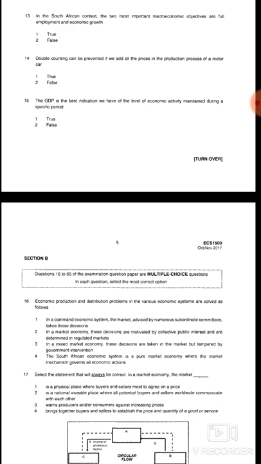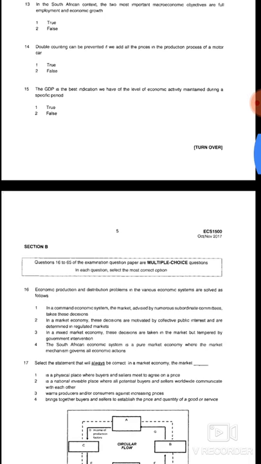Number 15, the GDP is the best indication we have of the level of economic activity maintained during a specific period. So this is false. GDP only measures the value of output of goods and services produced in a country during the year or in a given period, especially a year.